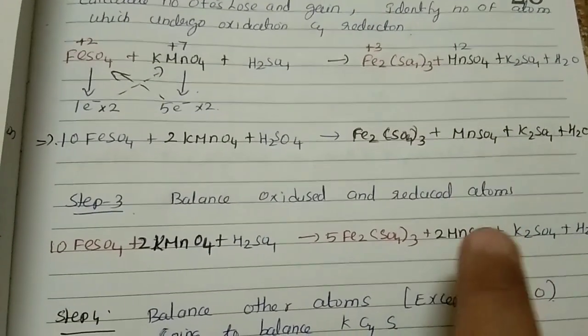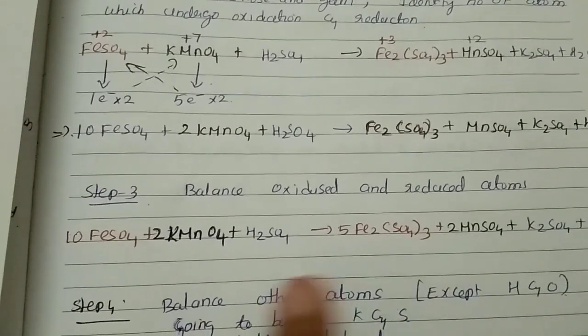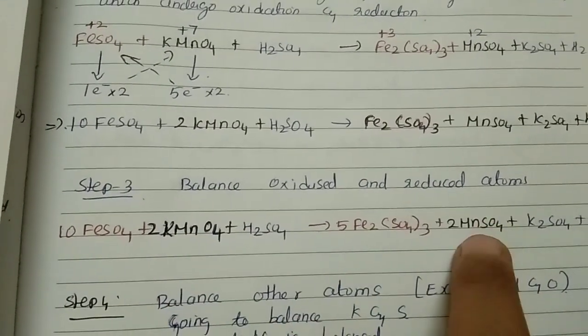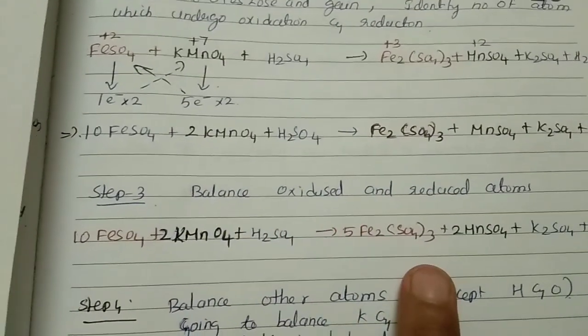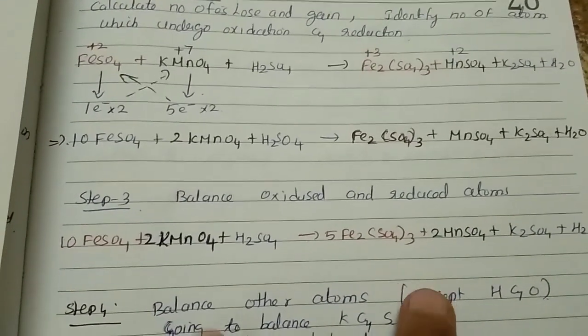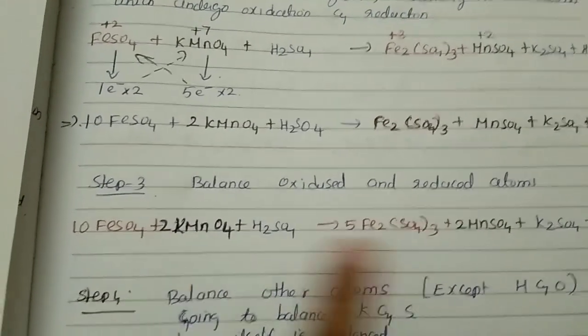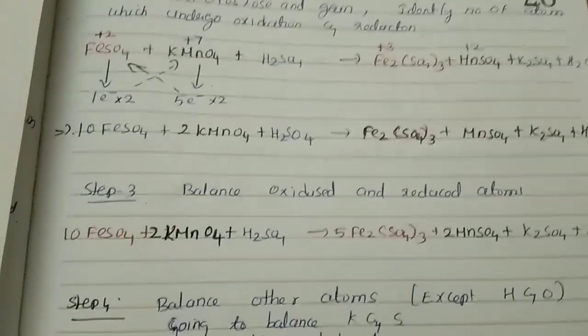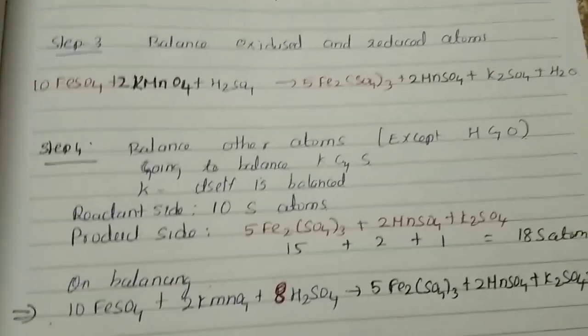So we have to put 2 in front of the manganese. Okay. So 2 KMnO4, 2 Mn balanced. So now manganese and iron get balanced. Here are 10 Fe, here 2 Mn, here 2 Mn. So after balancing the oxidized and reduced atoms, go to the next step 4.